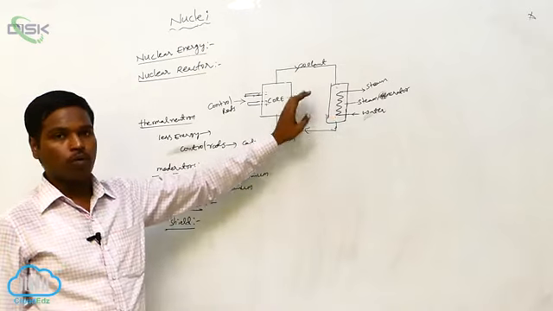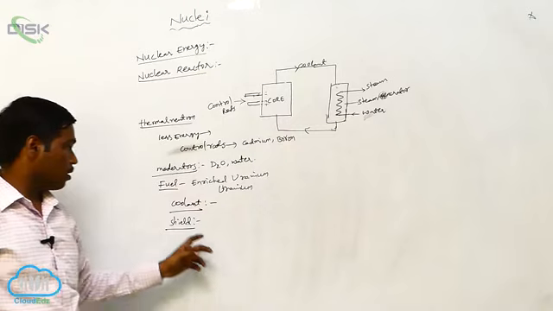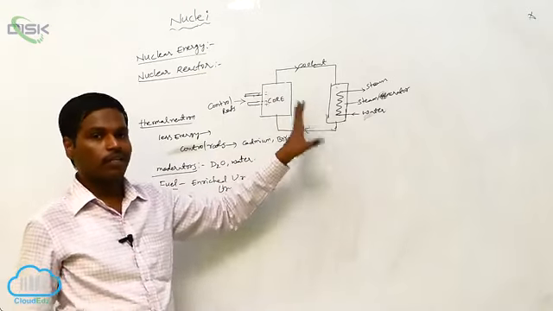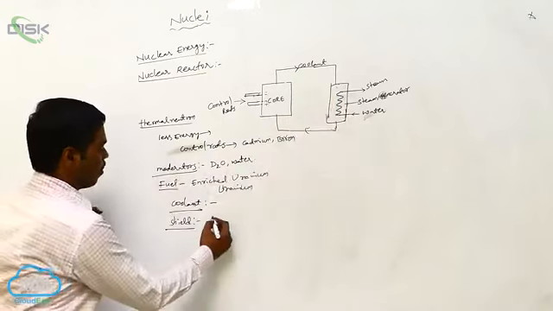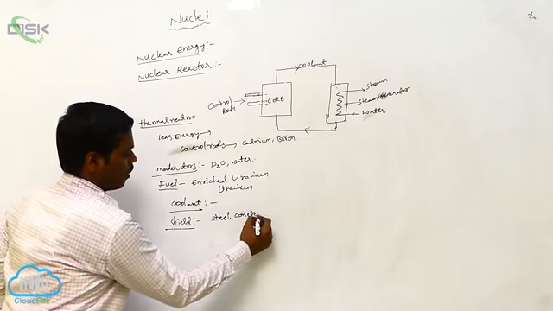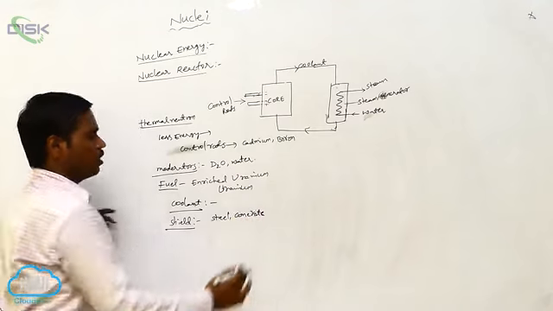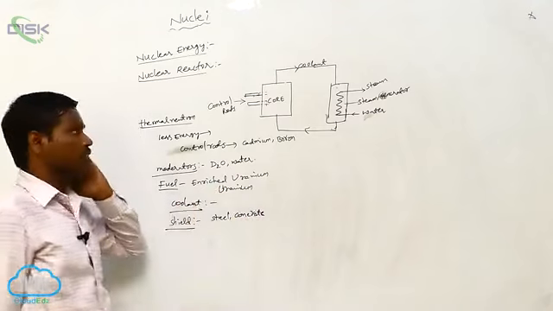This affects more, that's why to reduce those radiations, this total nuclear reactor is covered with steel or concrete to reduce the effect of these nuclear radiations.